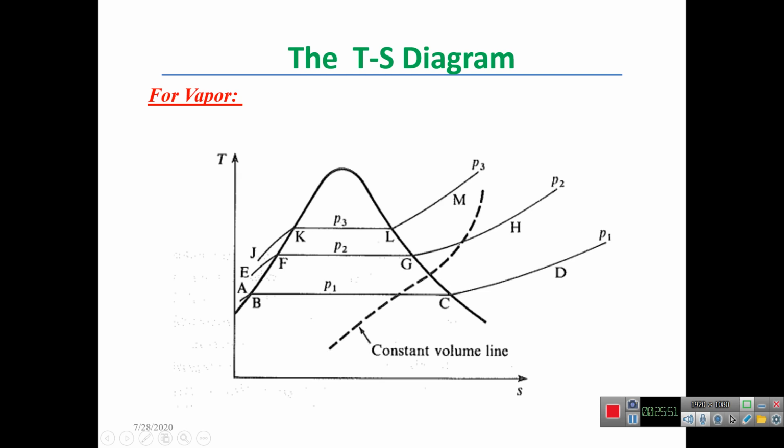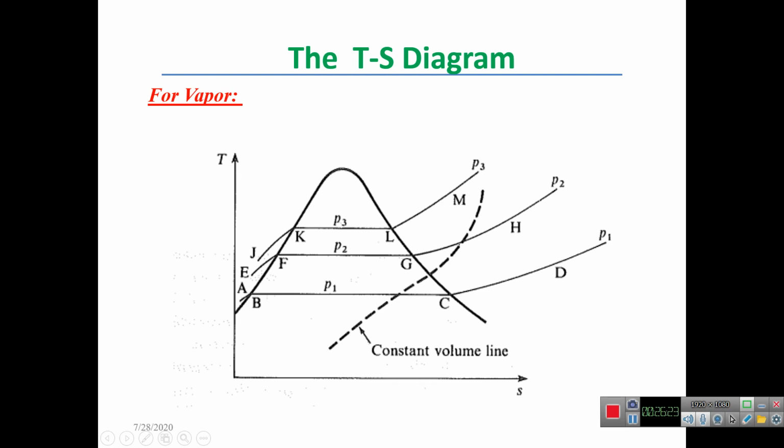Here it is liquid. Here it is a mixture of liquid and gas in this region, and here it is in the gaseous form, or a dry saturated vapor. Now we notice that we have drawn here three pressure lines, P1, P2, and P3.